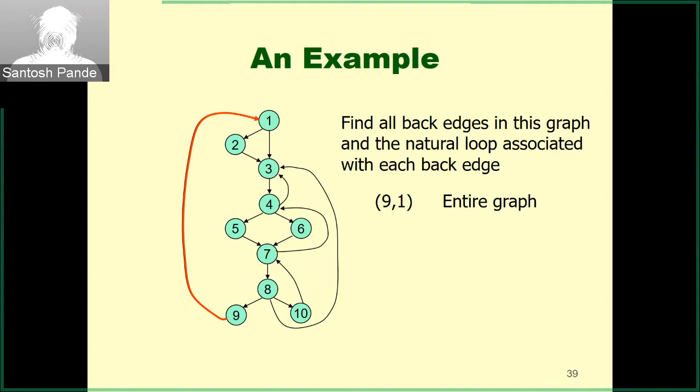Everything is completely done. There is nothing more to be explored. The queue is empty, and therefore the collection of all these nodes, all of them from 1 through 10, will be a loop, and all the edges in between them will also be loop. And that's why this whole thing will be marked as a loop. Any questions about this?